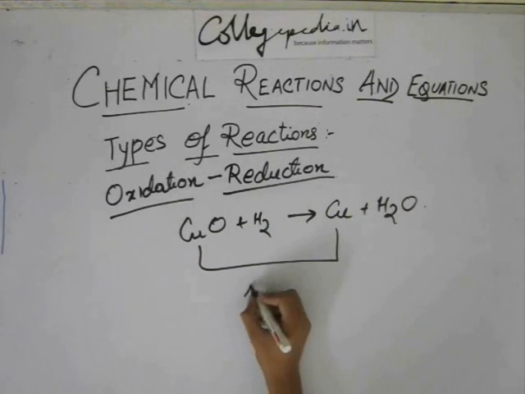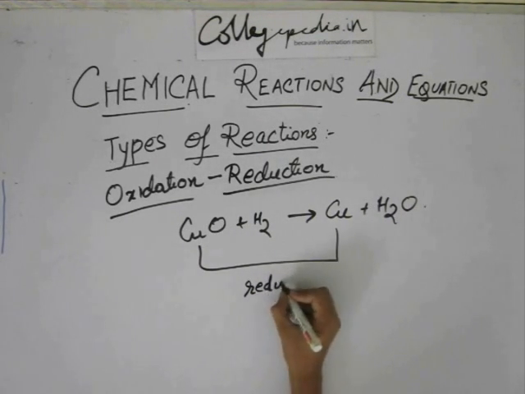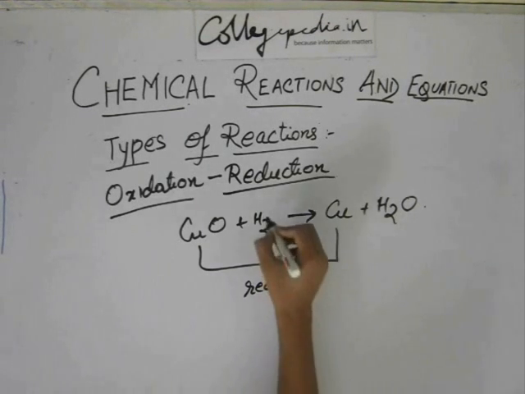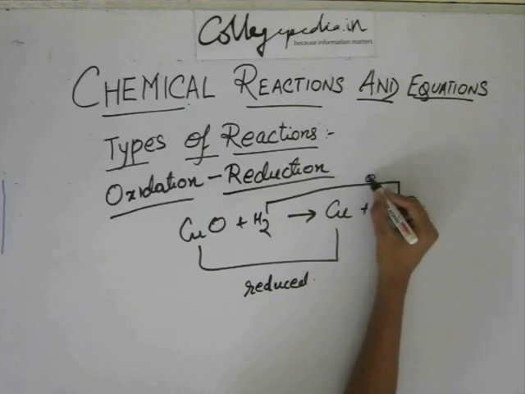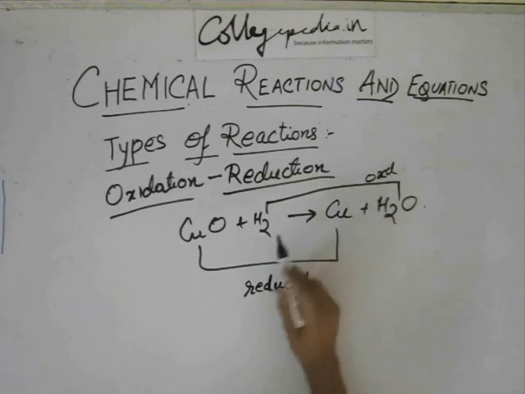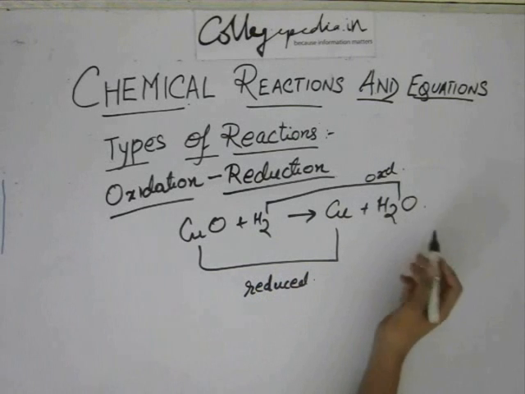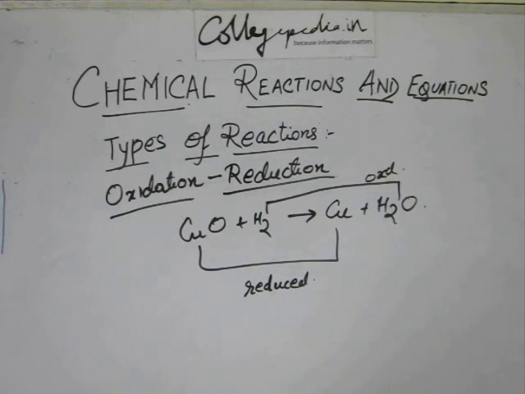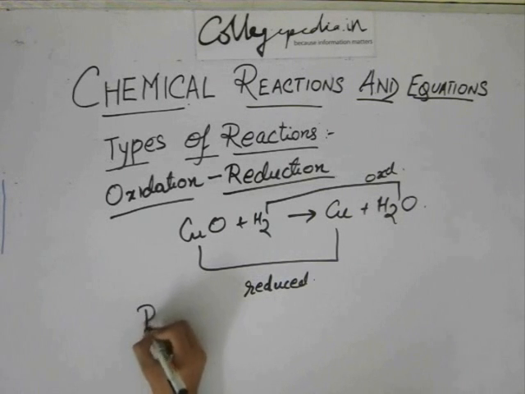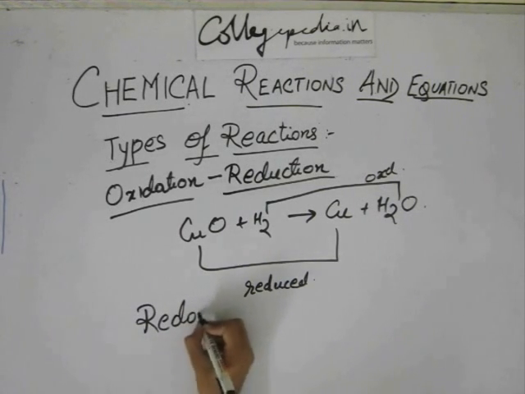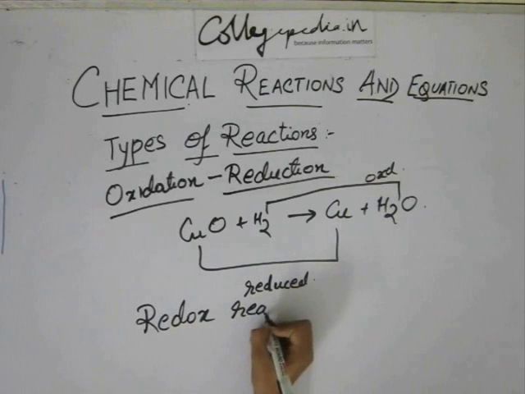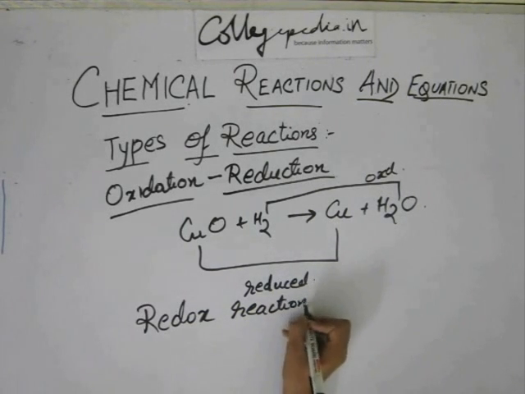This is getting reduced, but this is getting oxidized because hydrogen has got an extra oxygen. So these type of reactions in which oxidation and reduction takes place simultaneously are called redox reactions.